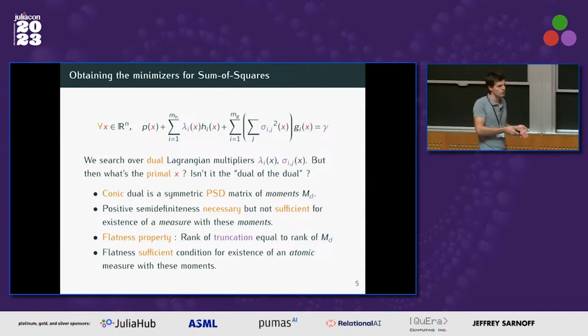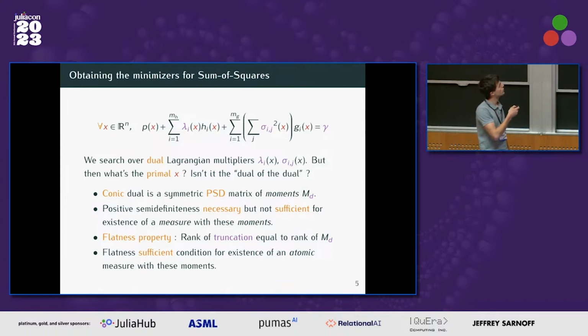But if you're actually interested in the minimizer, that's not the complete solution, right? Because what you obtained is the multiplier, so kind of the dual, but you didn't actually have the primal of your problem. So can you obtain the primal as kind of the dual of this dual? This you can actually do, but you need to take the duality in the conic form.